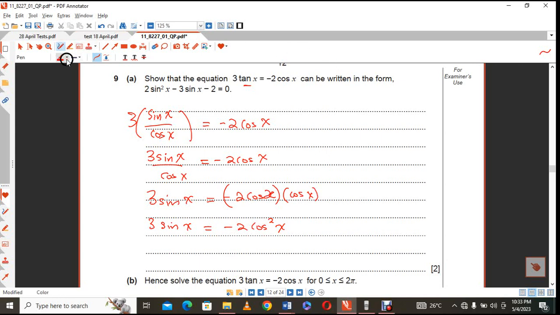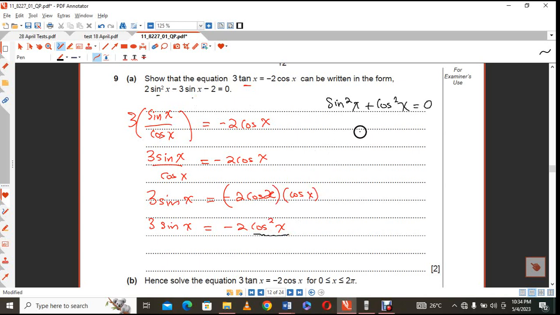What I'm also expecting from you is to know the basic Pythagorean square identity, sine square x plus cos square x is equal to 0. So you can see that from my given, everything should be given in terms of sine square x. So wherever there is cos square x, I'm going to try to replace it with sine square x.